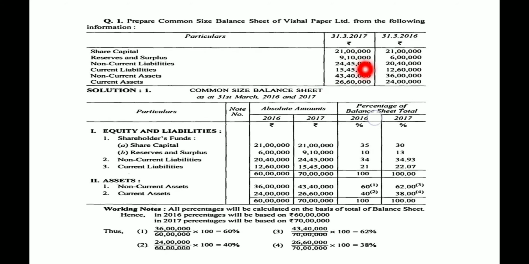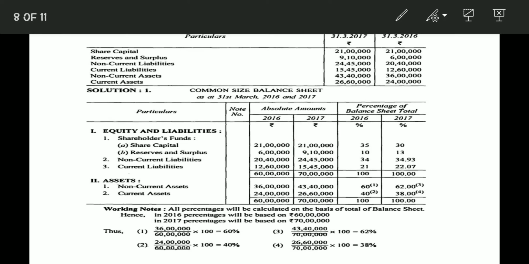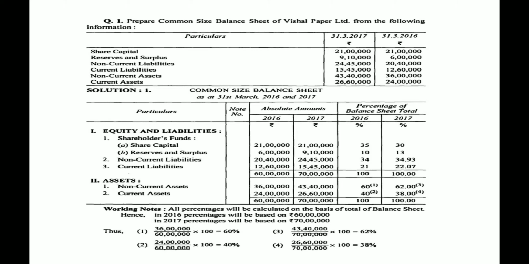You should pay attention to the current year data and previous year data. The previous year data is shown for 2016 for finding absolute amounts, and 2017's. Okay, after that we take a base. What is the base? The total.